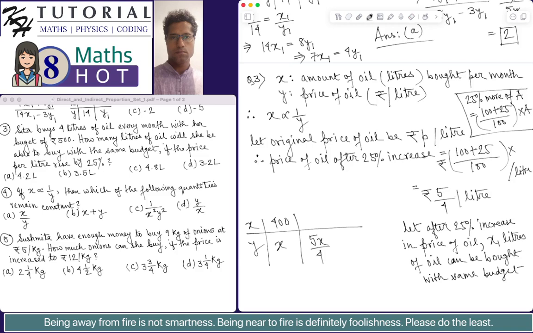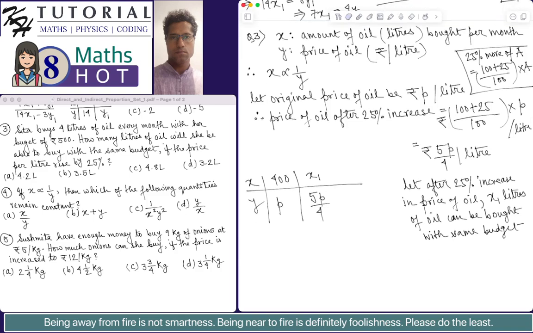You can use any letter, but please do not use the letters X and Y. So we have P and 5P by 4. Now when the price of the oil per liter is 5P by 4, we are assuming the amount of oil that can be purchased in the same budget is X1 liters.